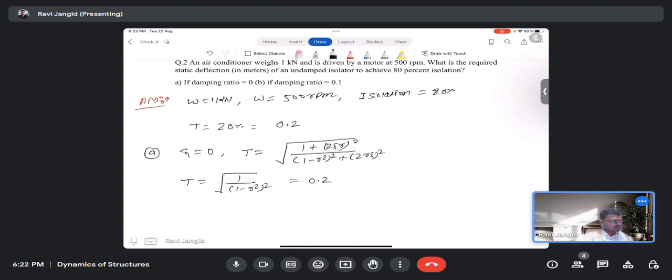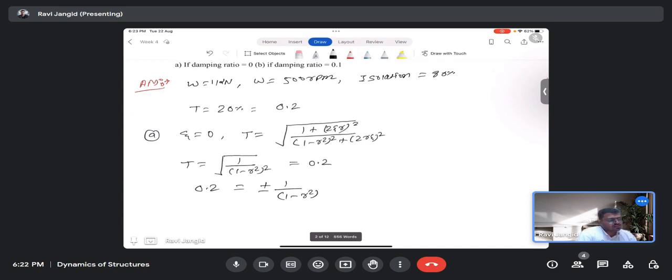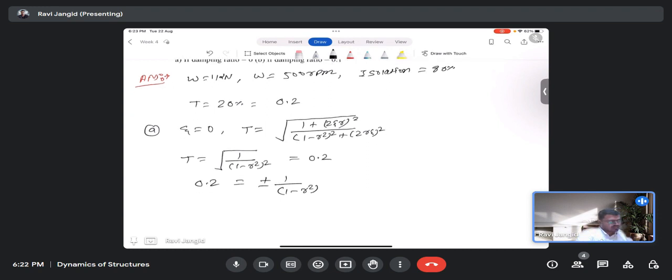Now in the question the transmissibility is given as 0.2. So 0.2 equals plus or minus 1 over 1 minus r square. First consider the positive sign. So 0.2 equals 1 over 1 minus r square, so 0.2 minus 0.2 r square equals 1.